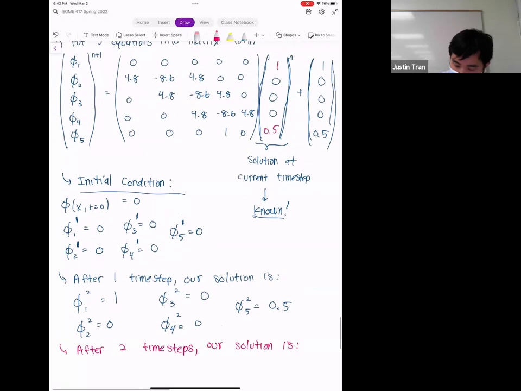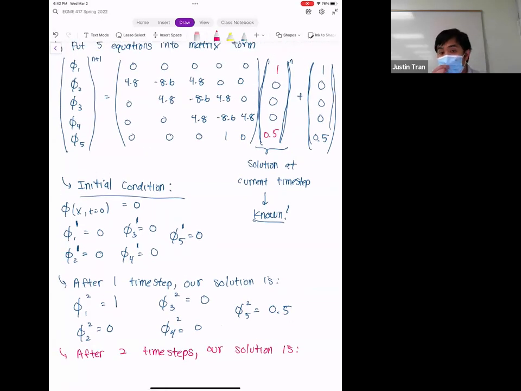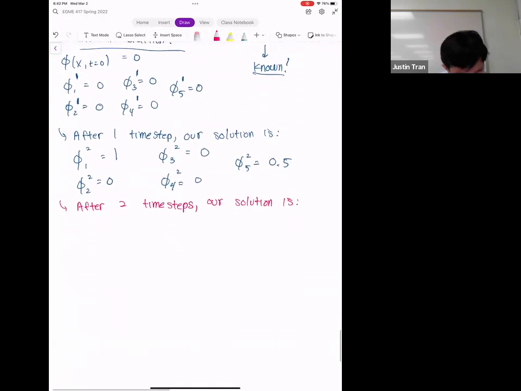here we actually have to perform some matrix vector multiplication. We have this whole matrix of coefficients here, and we're multiplying by the vector 1, 0, 0, 0, 0.5. If we do that, we get phi1 is equal to 1, same as before because it's our Dirichlet boundary condition. Phi2 here is equal to 4.8.